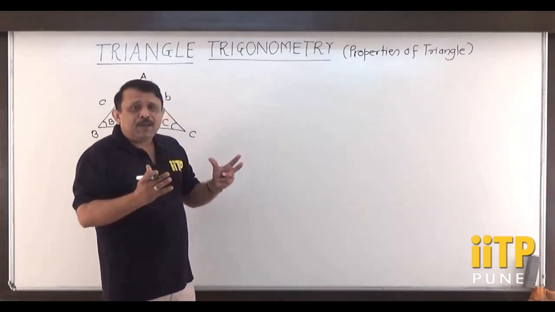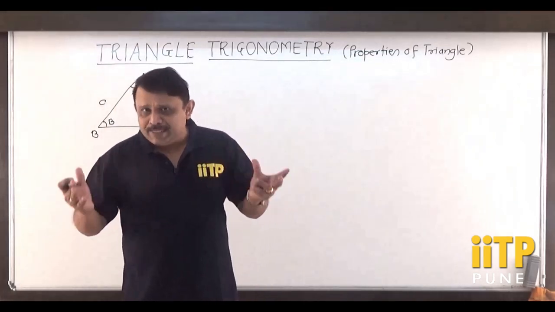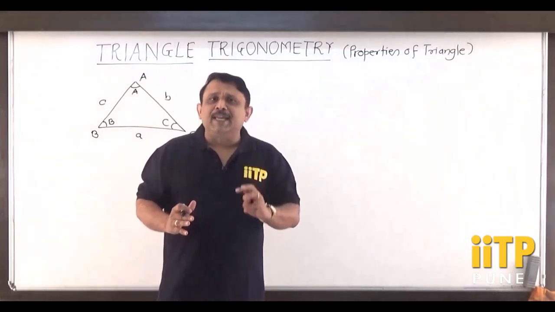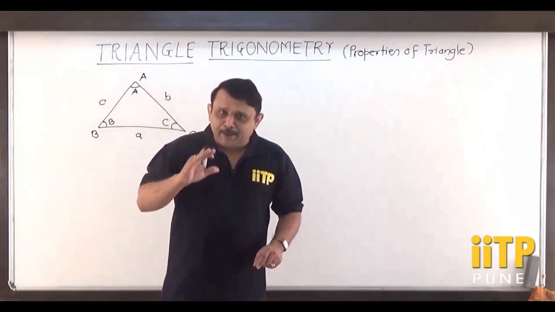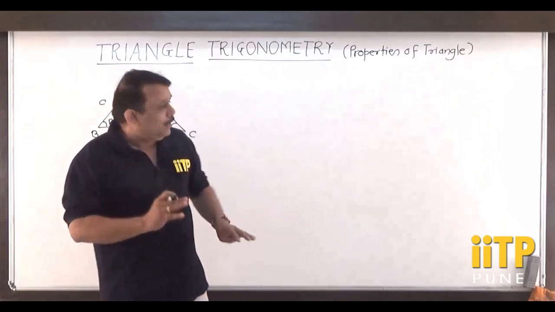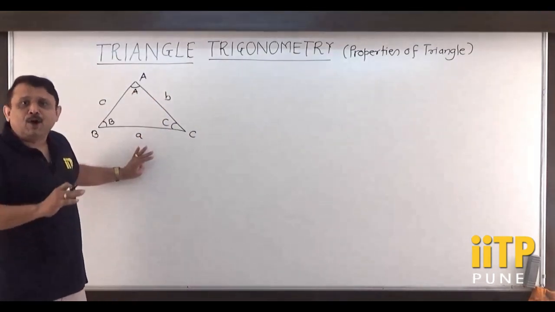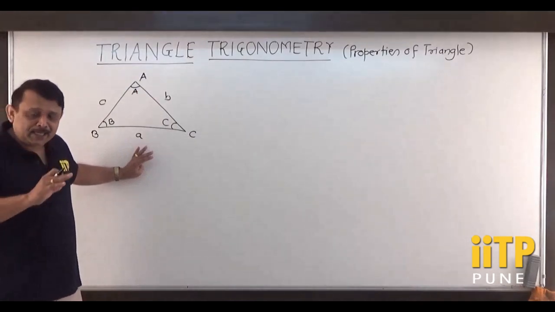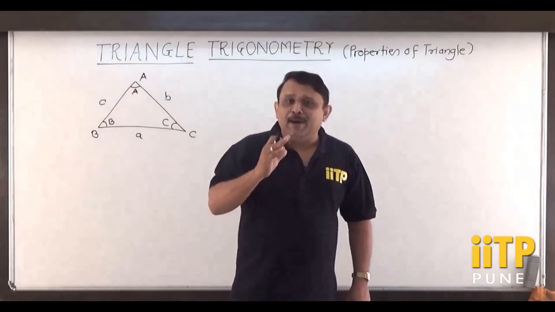So I can draw infinitely many equilateral triangles of different sizes. So if all the 3 angles are known, we know the triangle in terms of shape, not in size. In all other cases, we know the triangle completely.